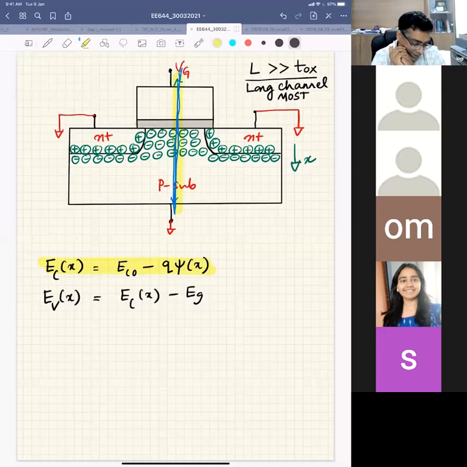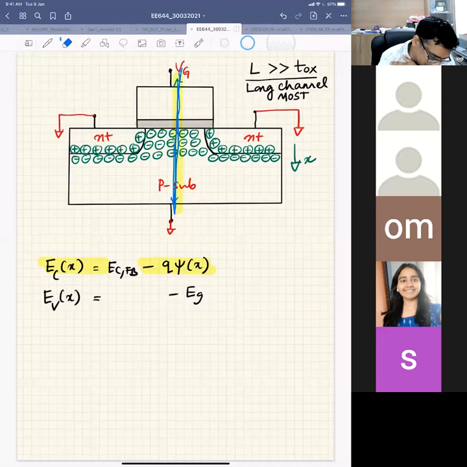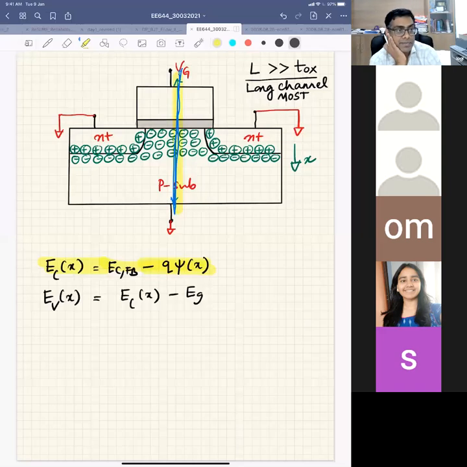So your E_C(x) will be E_C0, or better to write it as E_C flat band, so E_C in the flat band condition, minus q times psi(x), because this is how my conduction band will change. Since the conduction band is changing, your valence band will change also.